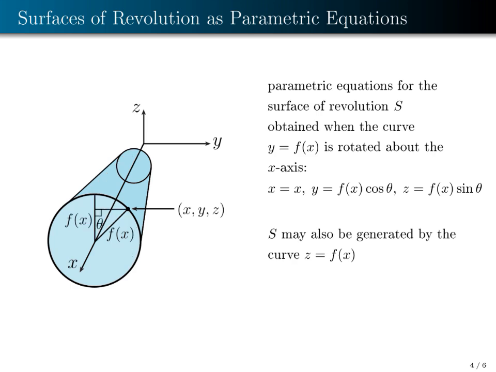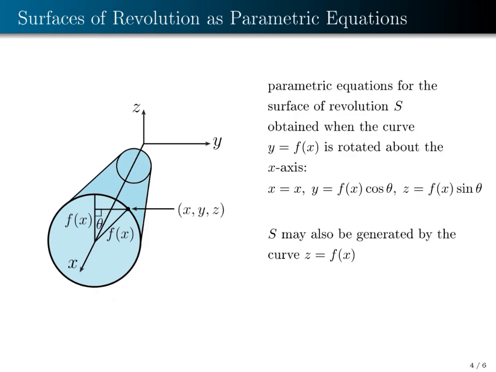This time, we let theta be the angle formed when the point on the curve z equals f of x was revolved about the x-axis to obtain the point (x, y, z) on the SOR.